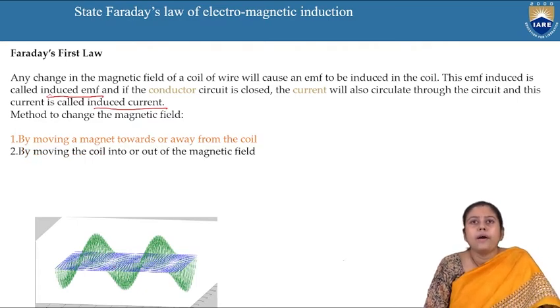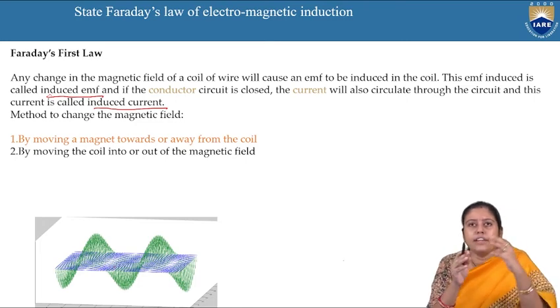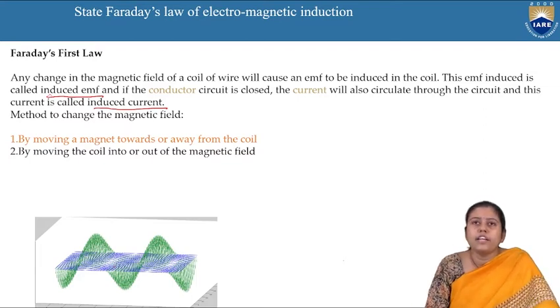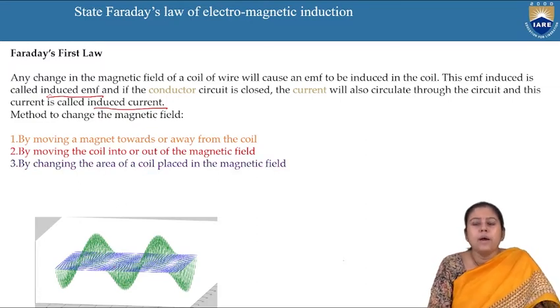Number 2, by moving the coil into or out of the magnetic field. If this is the coil and this is the field, if we take it out or bring it in, we can change the magnetic field cutting it. The third one is by changing the area of the coil placed in the magnetic field.